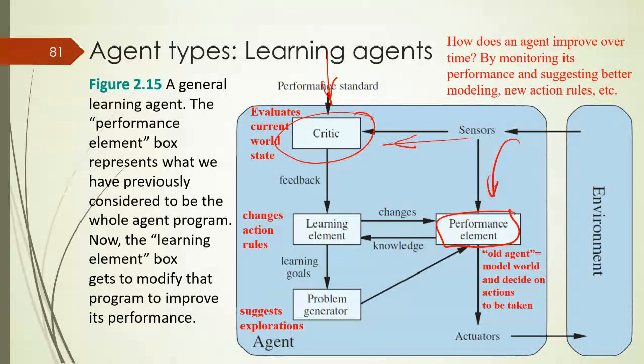I might not get it, it depends. And I will learn: what did I do, what happened, and how good or bad was the result. I start to build a learning element inside my agent. And related to that, I also create a problem to solve.